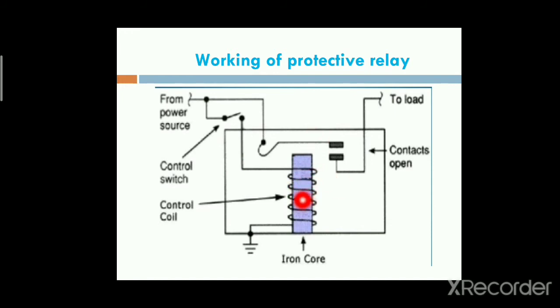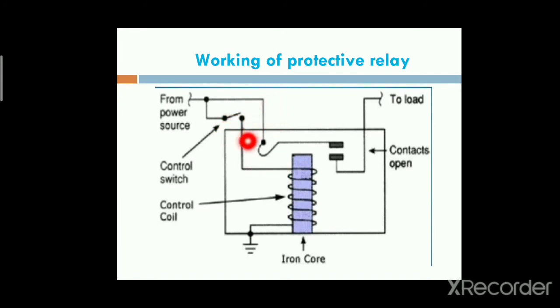This is the iron core. On that iron core, we are connecting the control coils. These are all the control coils. This is the control switch for switching on and off manually or automatically.